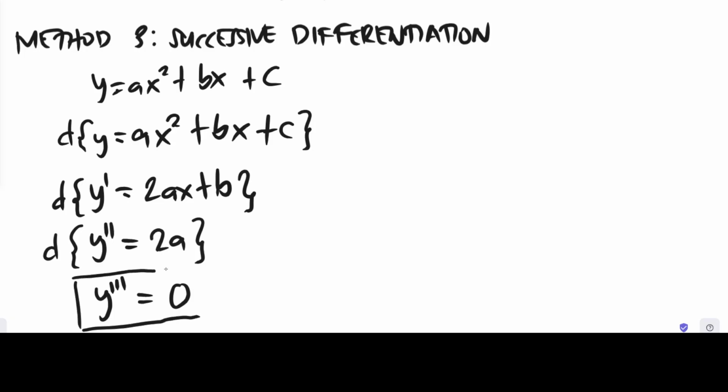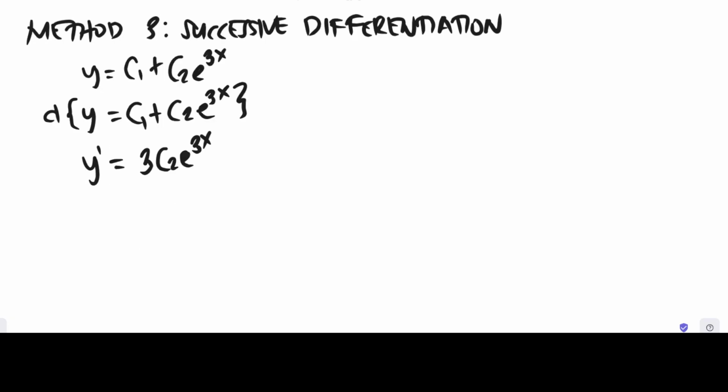Right? So as long as the variable is already separated or isolated, you can differentiate. You can also apply substitution here. If we go back to our previous example, y is equal to c1 plus c2 e raised to 3x.